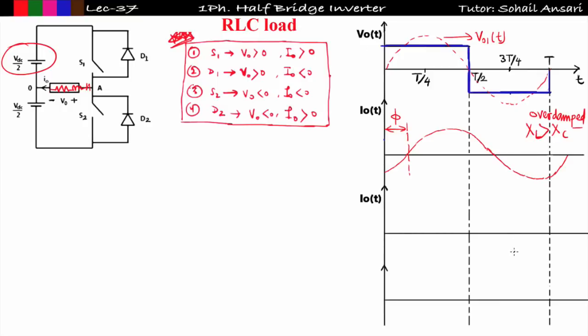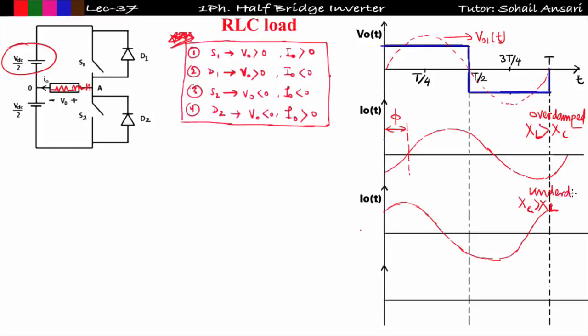Now if XC is greater than XL, meaning if capacitive reactance is greater than inductive reactance, then in that case the current will lead the voltage by some angle phi. So in that case the waveform of output current I will get something like this. Means the output current will be leading in nature, when the value of XC is greater than XL, and this usually occurs in the underdamped case.